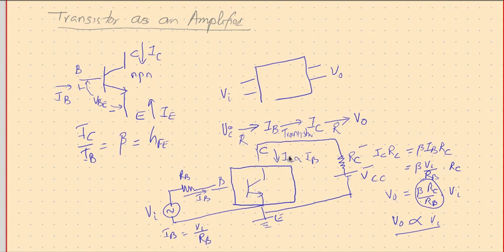And the larger Ic, when it is made to flow through Rc, creates a voltage across it which is equal to Rc into Ic. Ic is beta times Ib, and Ib was Vi by Rb, and that way you can say that Vo is proportional to Vi.